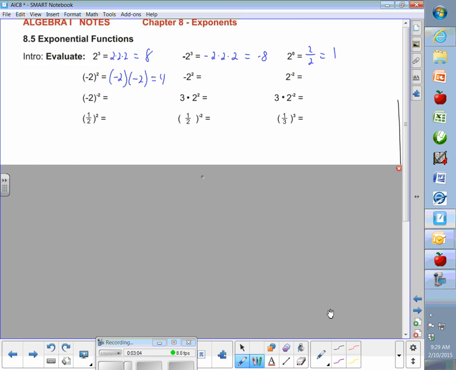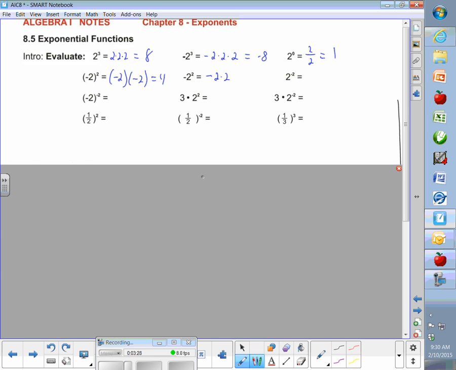But look at the next example to the right. This is a negative, if you want to think of it as a negative 1 times a 2 times 2. This is not a negative 2 times a negative 2. Can you clearly see the difference? The left one is in parentheses. What is the base? The parentheses.